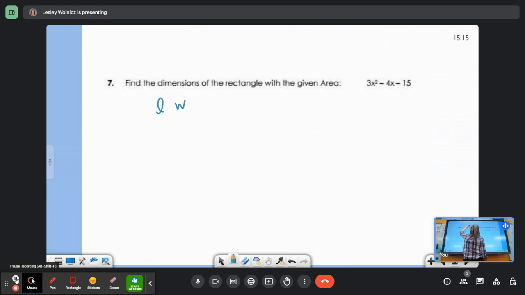We know that area equals length times width. Area is our product. The length and the width are being multiplied together to make the product, therefore they are the factors.